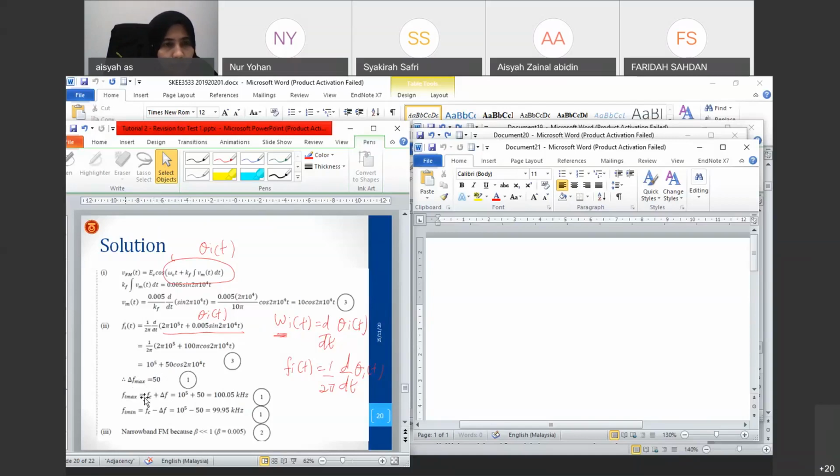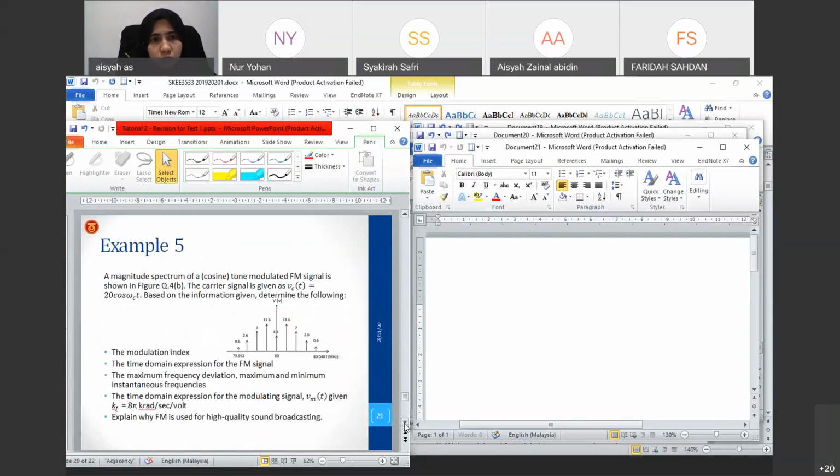The instantaneous frequency maximum is fc plus delta F and the minimum is fc minus delta F. For the third question, because beta is 0.05, beta is less than 1, so this is NBFM, narrowband frequency modulation. We proceed to the last question before we end.